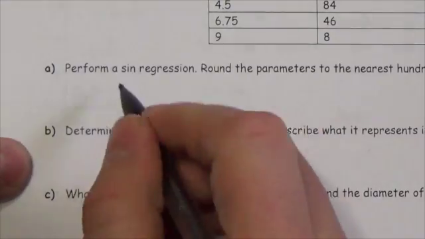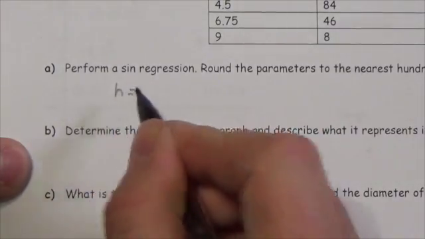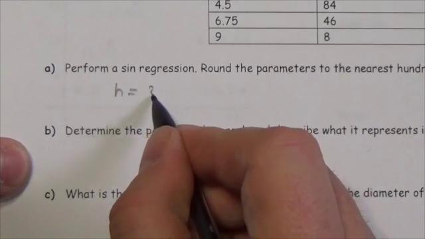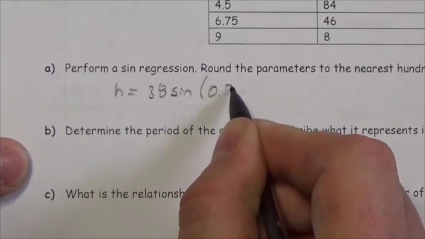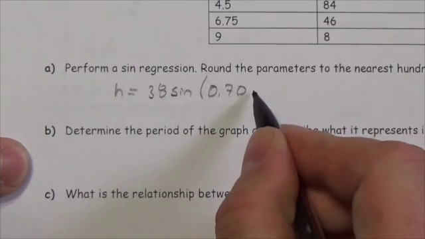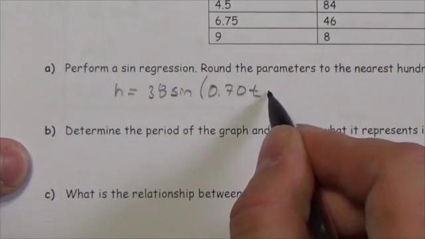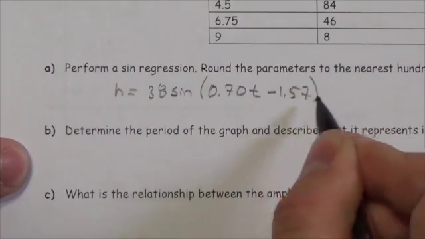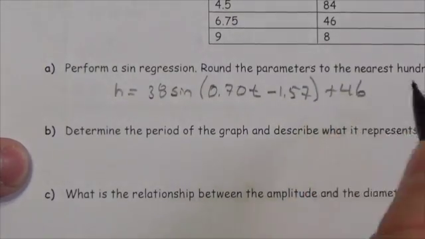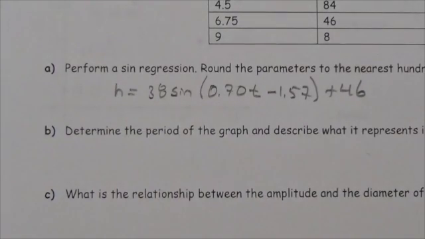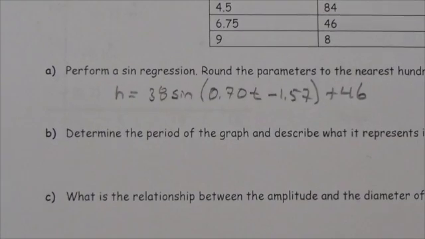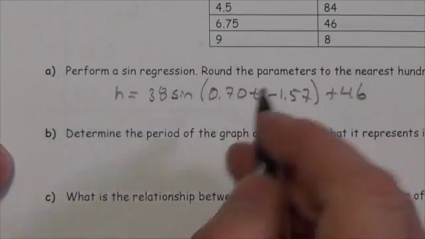So y, or in this case our height, is going to equal 38 multiplied by the sine of 0.70, remember that's rounded, t, minus 1.57, and then plus 46. Good, so there's our equation. Now that we've got the equation, actually it's fairly easy for us to answer the rest of the questions here, because this has got all the information in it that we need.